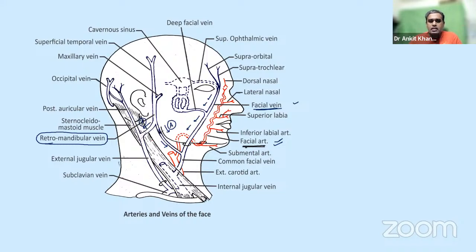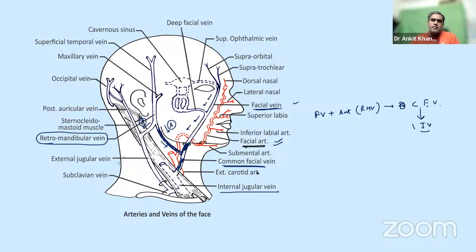The anterior division of the retromandibular vein is joined by the facial vein, and together they form the common facial vein, CFV. This common facial vein drains into the internal jugular vein. You can see the common facial vein going down to the internal jugular vein.